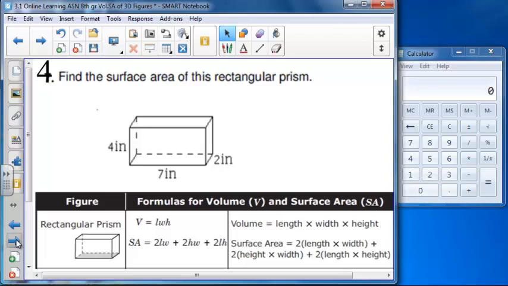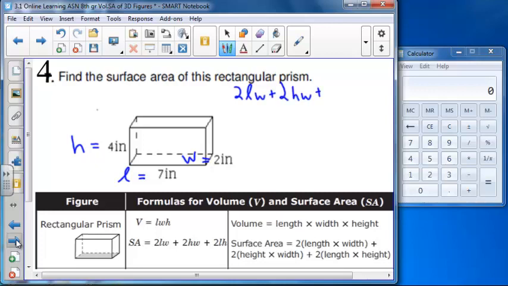Number 4. Find the surface area of this rectangular prism. The surface area formula is given here. Let's call the height 4 inches. Let's call the length 7 inches. And let's call the width 2 inches.